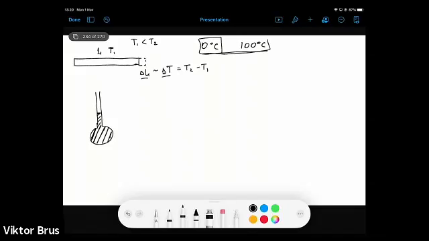And if you consider such a property as thermal conductivity, you will realize that the thermal conductivity of metals is much higher than that of some other materials, for instance, some insulators. We usually put insulating materials on our walls in order to prevent heat dissipation from our buildings.